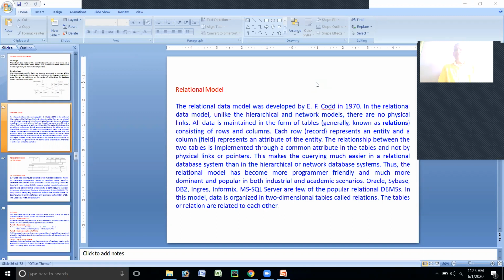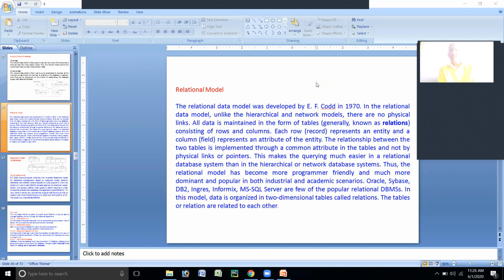In the form of tables. Then what is a table? A collection of rows and columns. Each row is called a record or a tuple. What is a field? Column heading is called a field. Then, in relationships, the data are organized in more than one table also.